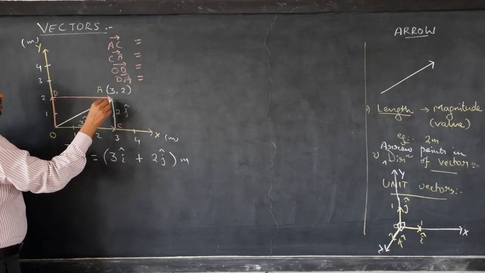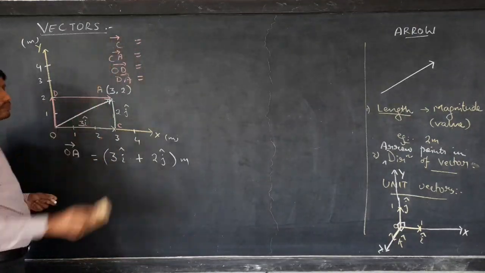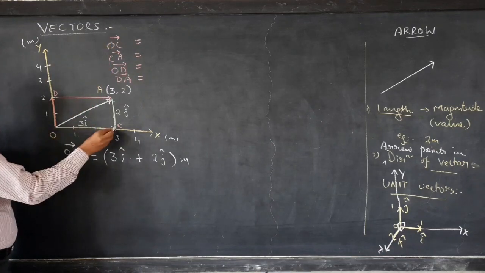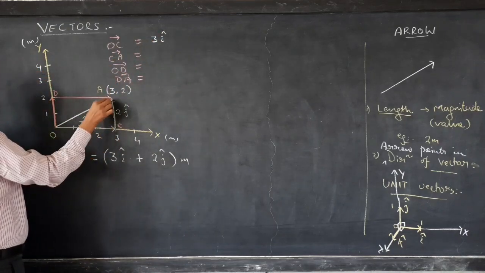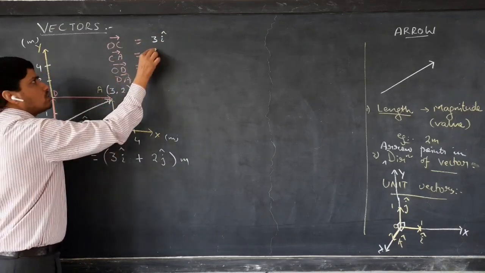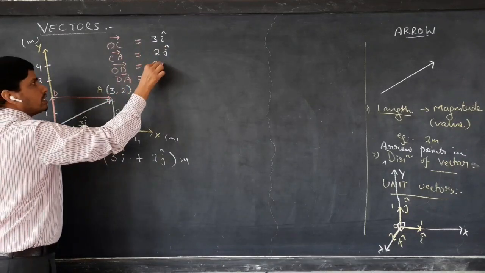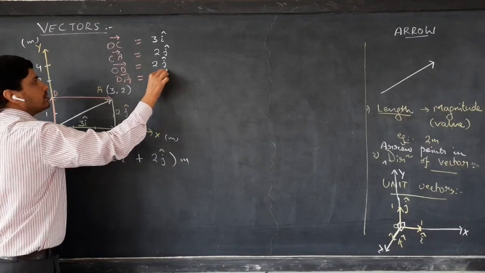OC vector, sorry, I used to write. OC vector is 3 i cap. C to A, this vector is how much? 2 j cap. OD vector is 2 j cap. And likewise DA vector is 3 i cap.